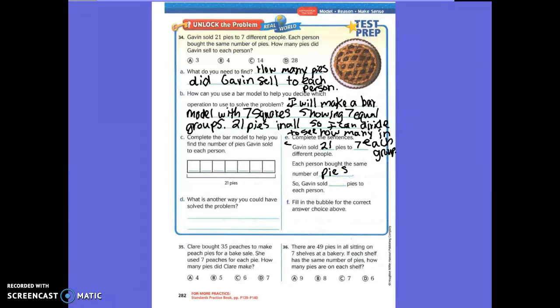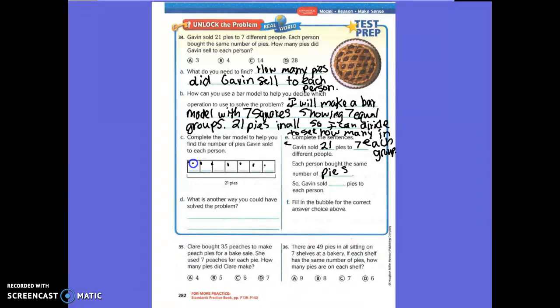So now we have to figure out how many he sold. Now, this is kind of like equal groups. It's like you've got circles. You could put a dot in each group till you get to 21. I would like a number to be in there, so once you're done doing that, I want to know what the number is. There's still another line on the other part. So I got 7 so far.